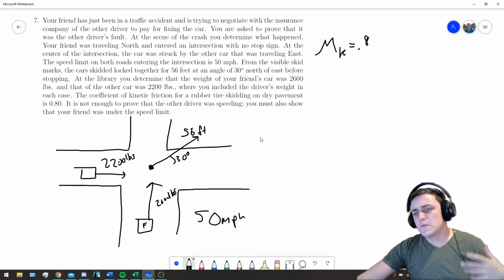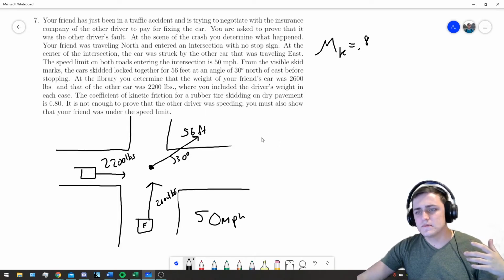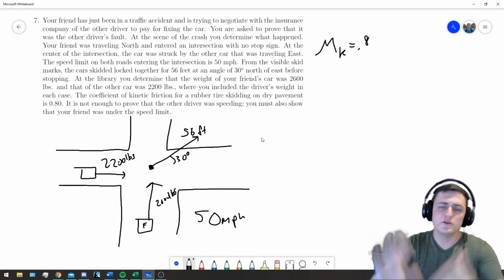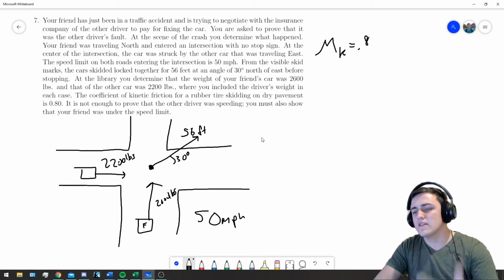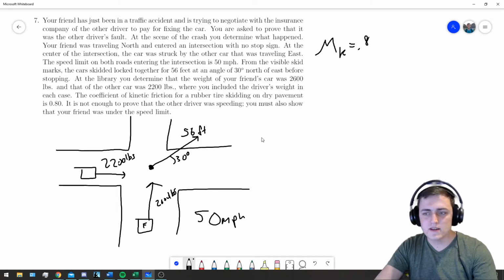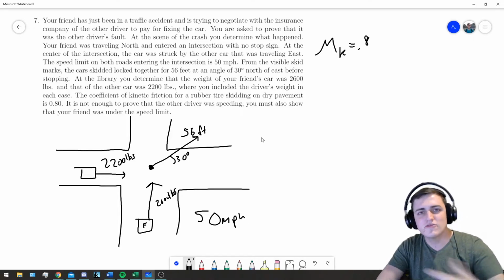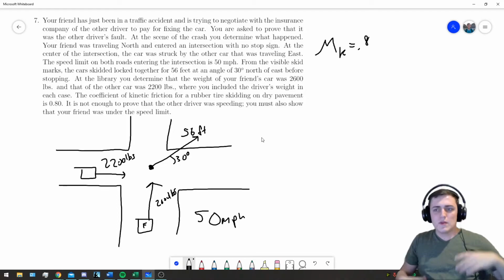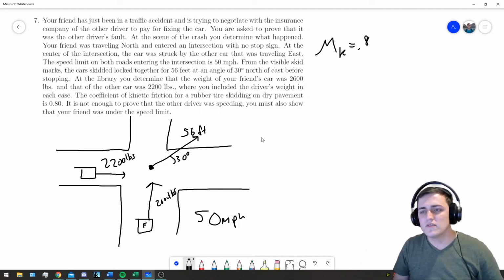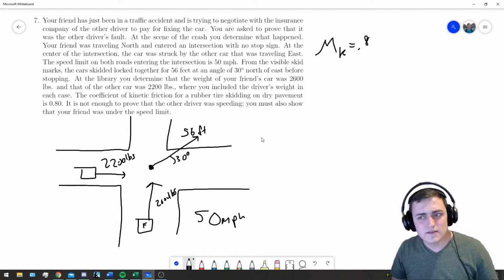Well, we can analyze the fact that we have these two cars. We can find their total mass. We can find the force acting on them while they skid, that friction force. And maybe we can find something valuable like their initial velocity.